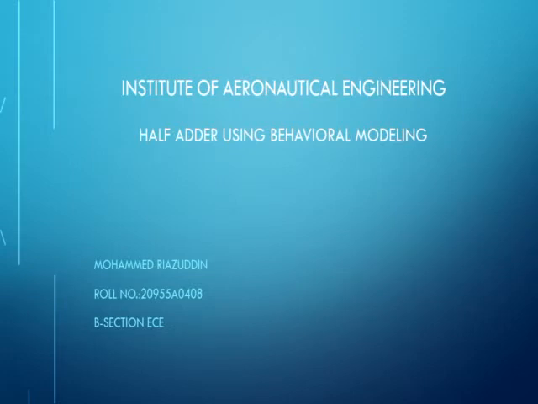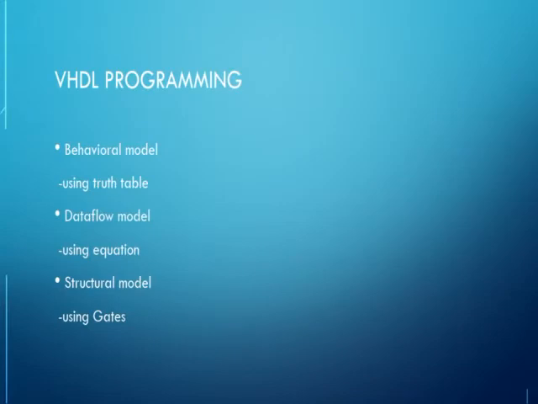In this lecture, I am going to explain half adder using behavioral modeling. Coming to VHDL programming, we can write any program in three different ways: behavioral model, data flow model, and structural model.